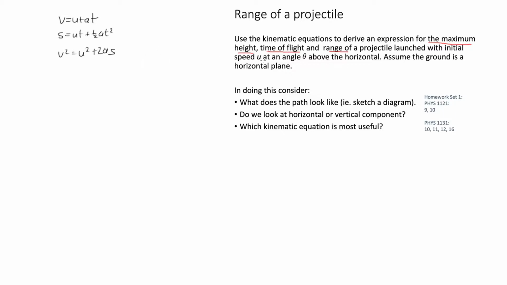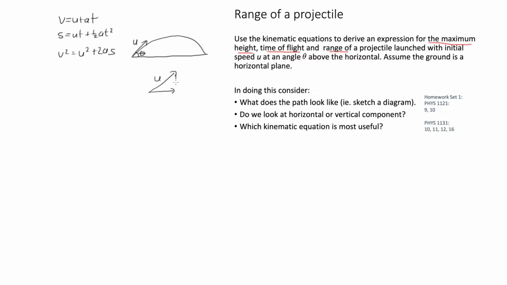It's launched with a speed u at an angle theta above the horizontal. Okay, so it's launched up like that. And we can assume that the ground is a horizontal plane. So what's going to happen is it's going to follow a parabolic path like this. So this is u and this is theta. And then what it'll be useful to do is to consider u if we break it into a horizontal and a vertical component.